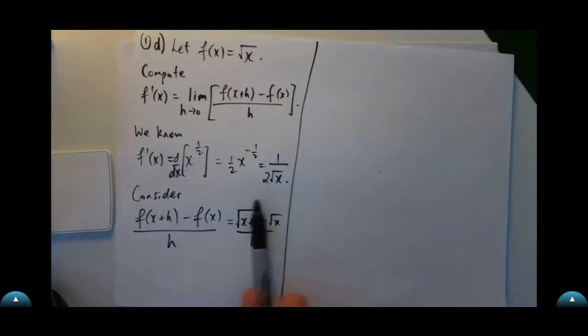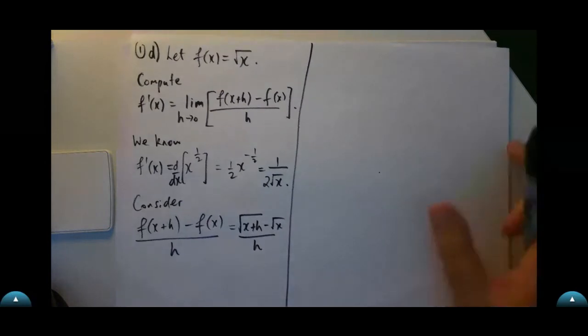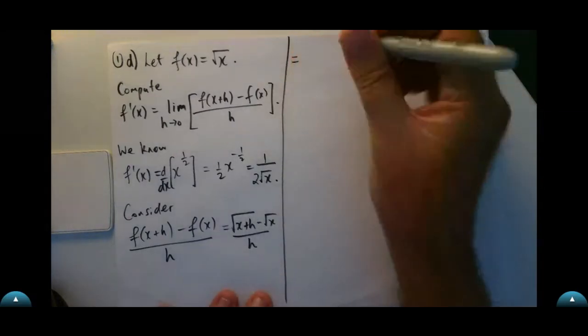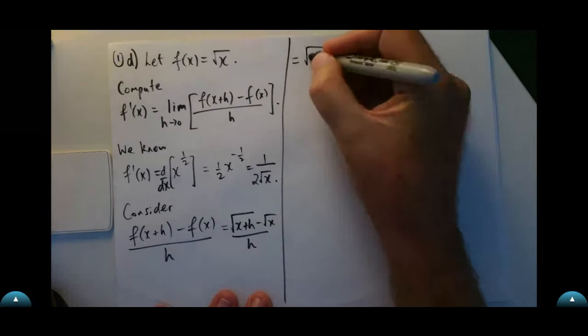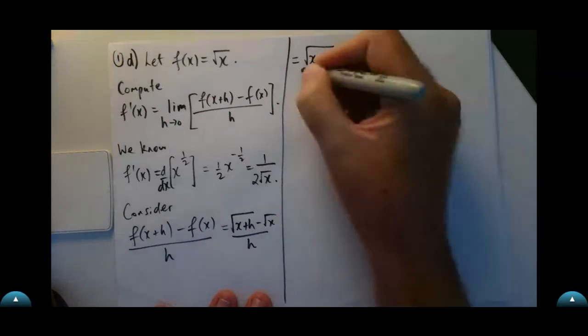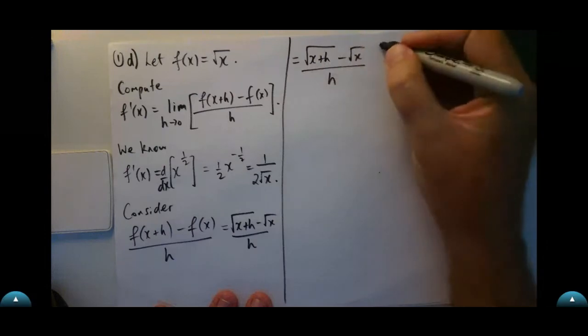Now, what I would like to do is somehow get rid of this h. Okay, and I think I've shown you this in lectures, and you might have seen it in the algebra as well. You can multiply this by a factor of 1. Okay, that involves the reciprocal of this top bit. So watch what I do.